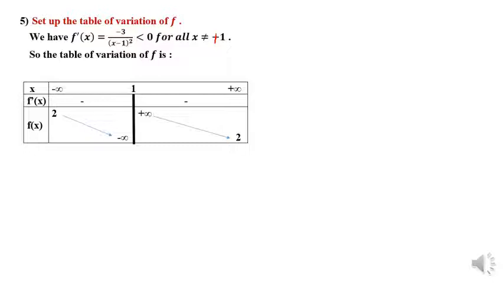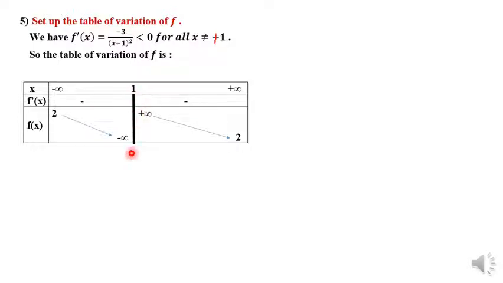So the table of variation of f is minus infinity, 1, 1, plus infinity. Why f prime x is negative? As we said before, f prime x equal minus 3 over x minus 1 square strictly negative for all x different from 1. هيدا على طول نيجاتيف، فعشان هيك بحط هون ماينس وهون ماينس.